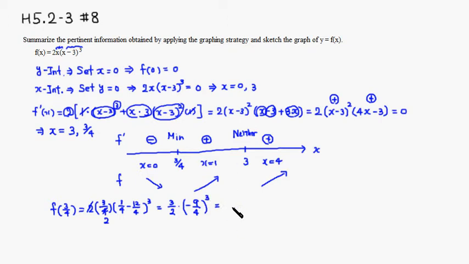So it's going to be negative, so that we know. 4 cubed: 4 times 4 is 16, 16 times 4 is 64. Then 64 times 2 is 128.